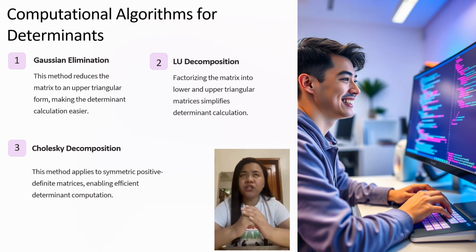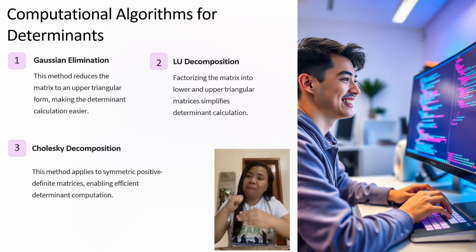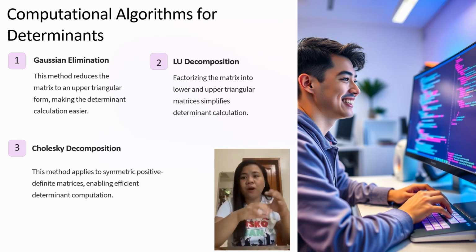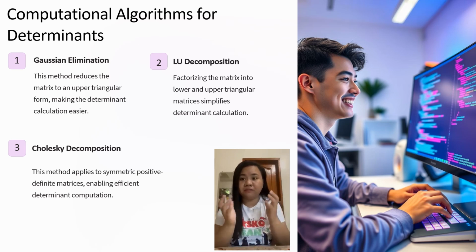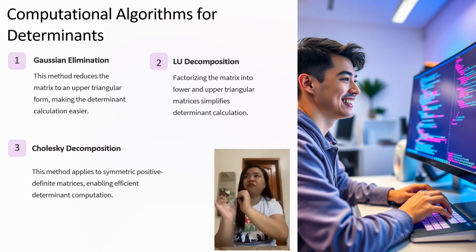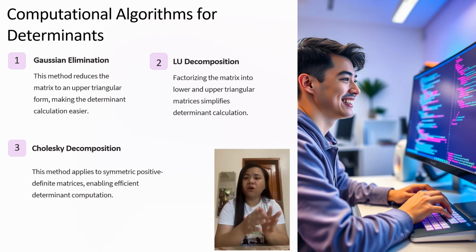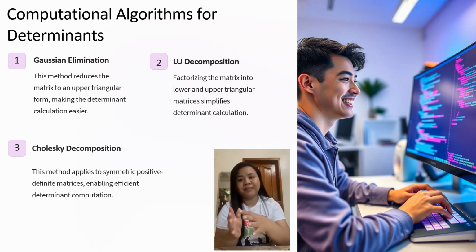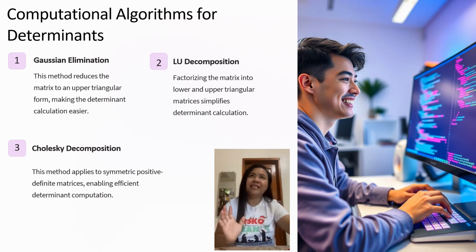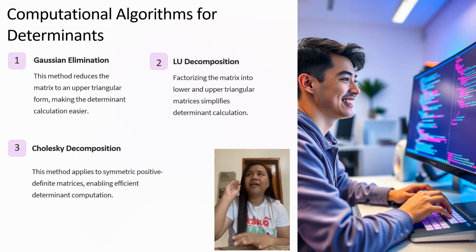LU decomposition decomposes a matrix A into a product of a lower triangular matrix L and an upper triangular matrix U, so we have the formula A = LU. The determinant of A can be computed as the product of the determinants of L and U, so det(A) = det(L) times det(U).